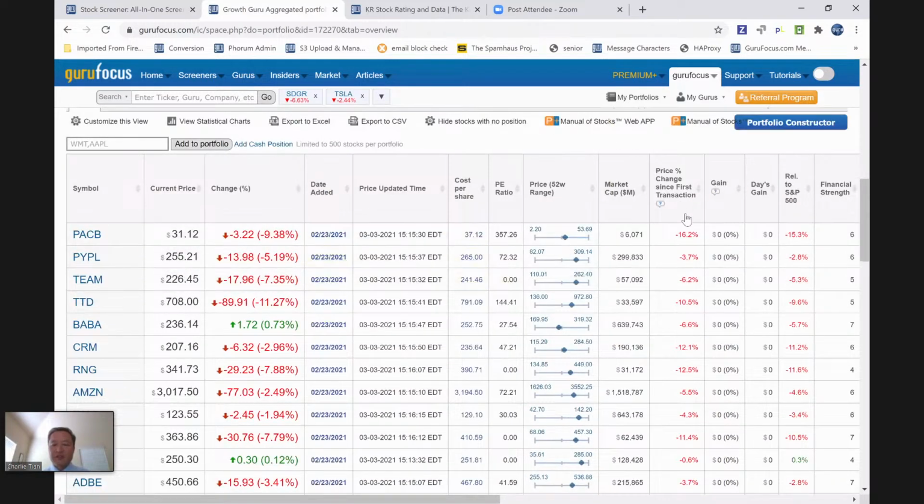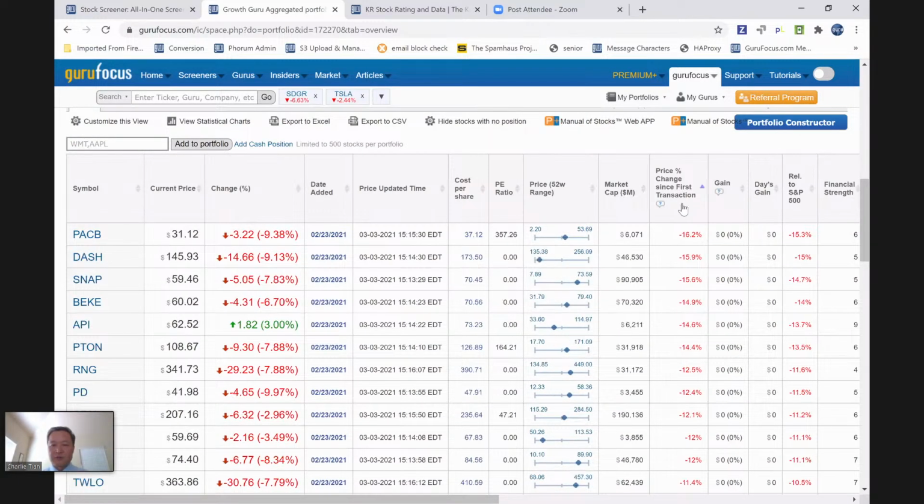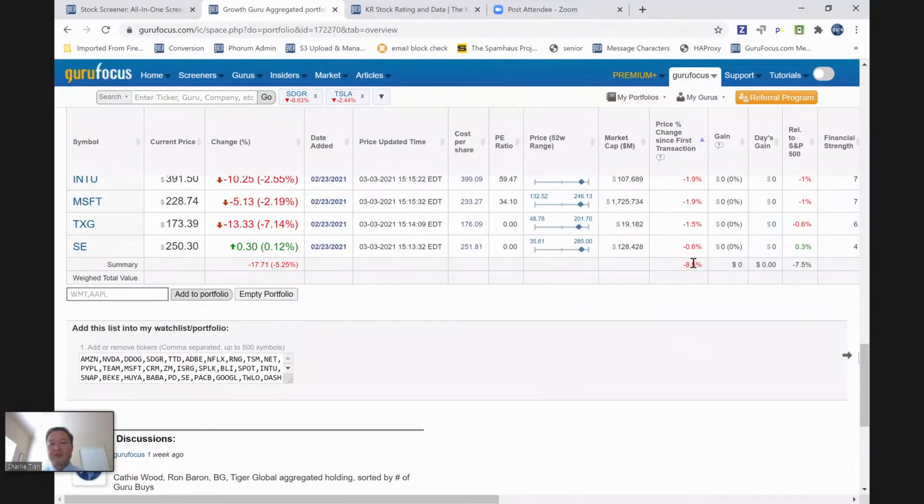Unfortunately, over the past 10 days, those stocks have been doing quite poorly. If I sort by the performance here, since I added them into the portfolio, on average they have been down 8.5%. The S&P 500 is down only about 1%.